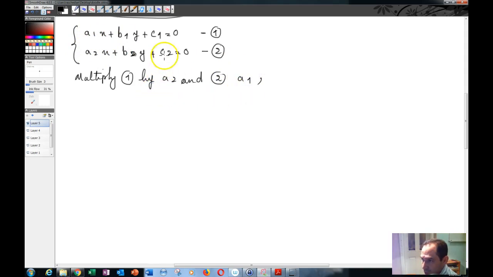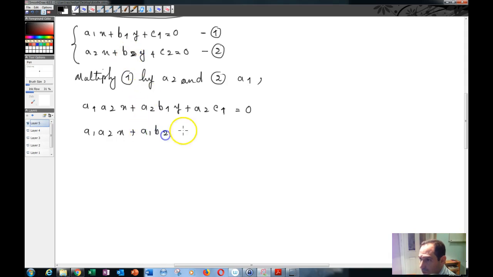Okay, so now multiplying equation number 1 by a2, so a1 a2 times x plus a2 b1 times y plus a2 c1 is equal to 0, and multiplying equation number 2 by a1, so a1 a2 times x plus a1 b2 times y plus a1 c2 is equal to 0.